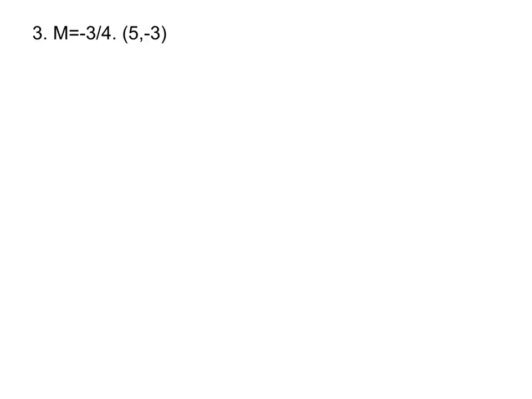Now I want you to try this one on your own, and then come back and we can look at it together. So the first thing we want to do is plug it into our formula. So y minus -3 equals -3/4 times x minus 5.